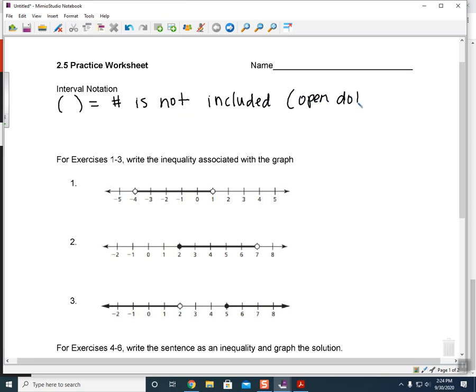My open dots means that I'm not including that number in my solution set. The other thing that I'm going to pay attention to is brackets. So brackets tell me that my number is included. Think of this like our closed dots.